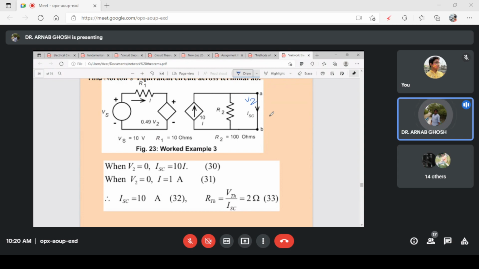When a circuit has been short circuited, the voltage across the terminals will be 0. So when V2 is equal to 0, this becomes equal to 0.